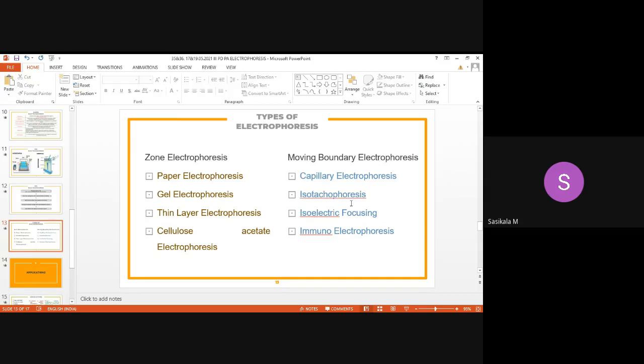In isoelectric focusing, the voltage will be the same for 2 molecules. Immunoelectrophoresis is antigen antibody separation. All of these come under moving boundary electrophoresis. So electrophoresis is of zone and moving boundary types.